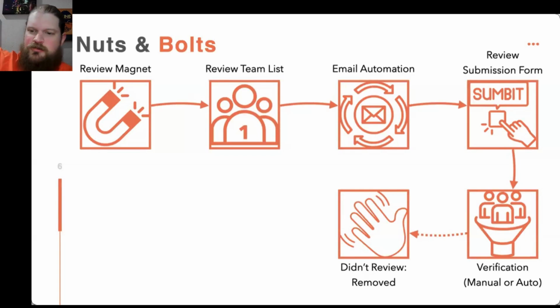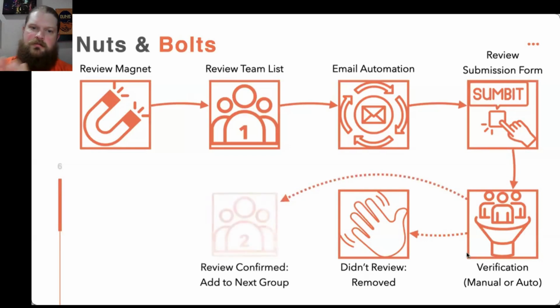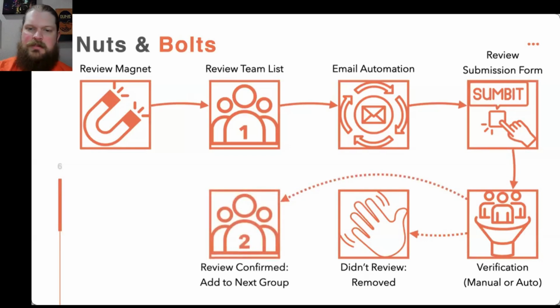I am not going to send you any further review copies until you do. Maybe you come along and you do review the book eventually. That's totally fine. But we need some way of either removing them or setting them aside so they don't get added to the next step of the sequence, which is now we're going to confirm their review. We're adding them to the next group.